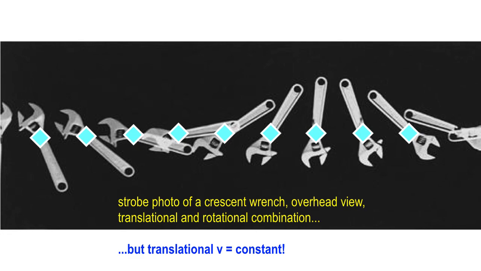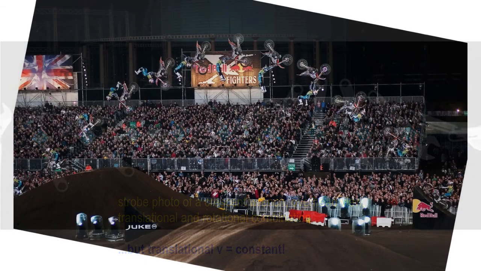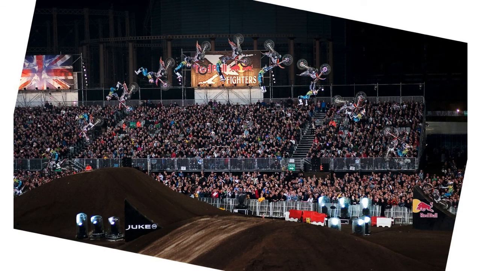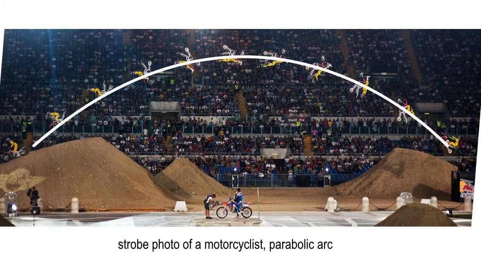Now, check this one out. See that? That's a strobe photo of some guy that appears normal, but he tries to entertain people for money by doing backflips on his motorcycle in the air along a parabolic arc, just like that.